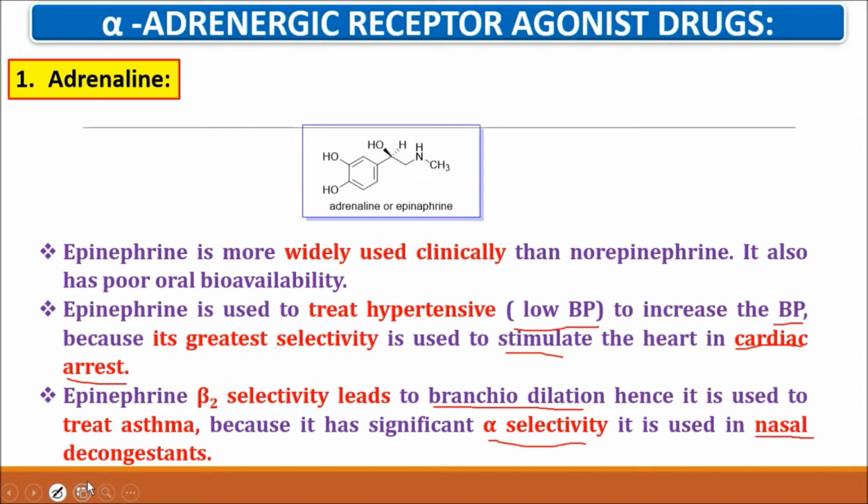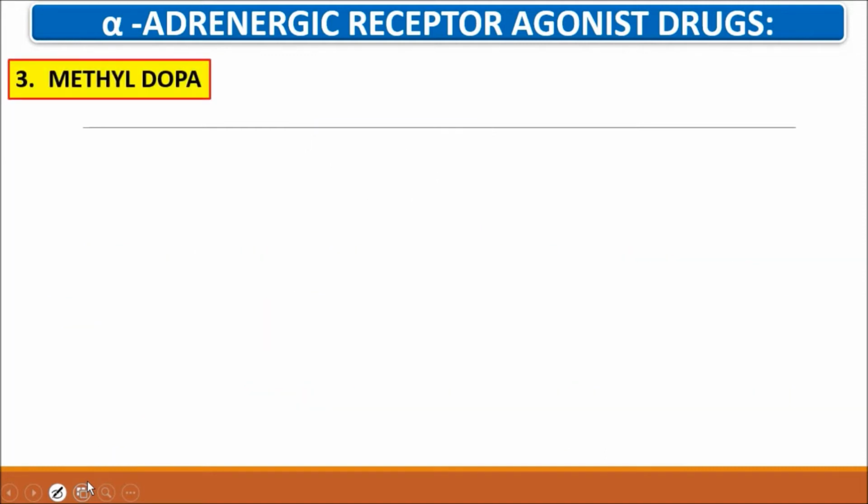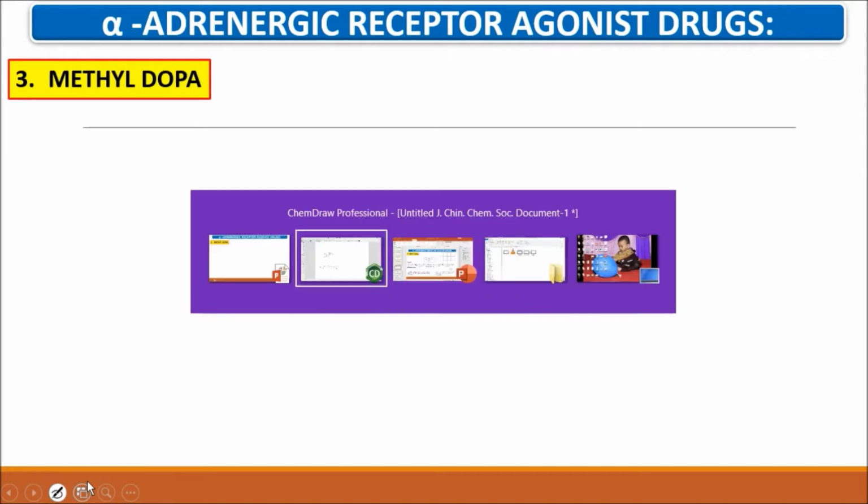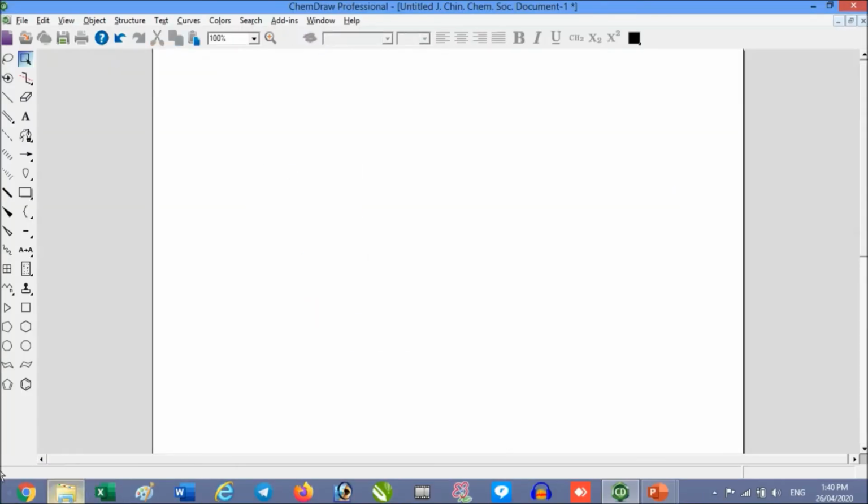Next, methyl dopa. The compound is methyl dopa. Let's see the structure of methyl dopa. Methyl dopa also has the same catechol ring: here we have OH, and here we have OH, and here CH2, and here we have a COOH group.